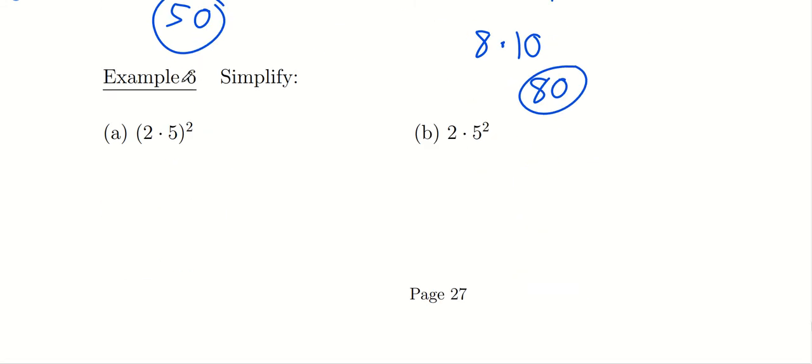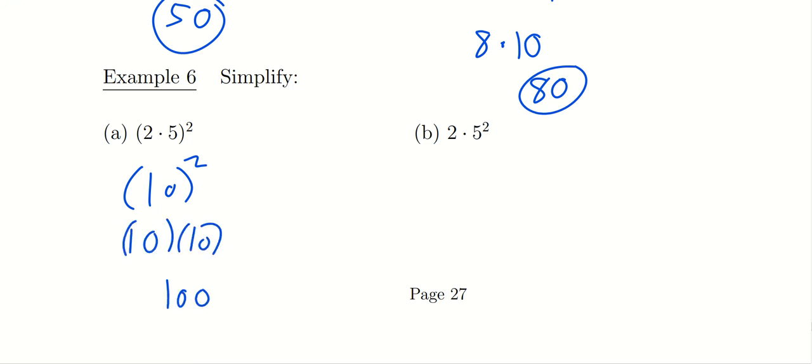Let's take a look at example 6. In part A, we have a parenthesis, so we have to do parenthesis first. 2 times 5 will give us 10. Now that the grouping symbol is done, we can do the exponent. 10 squared, we know that that means 10 times 10, which should give us 100. For part B, we have 2 times 5 squared.